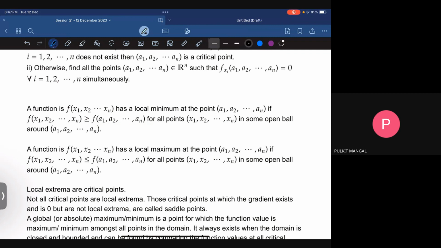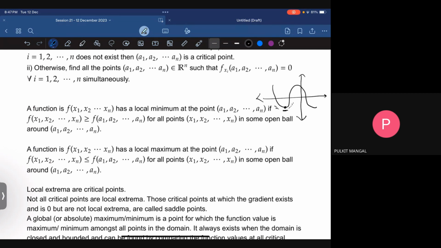In my single variable case, let's say this is the curve, this point can be considered a local minimum, because around this point all values were greater than this.